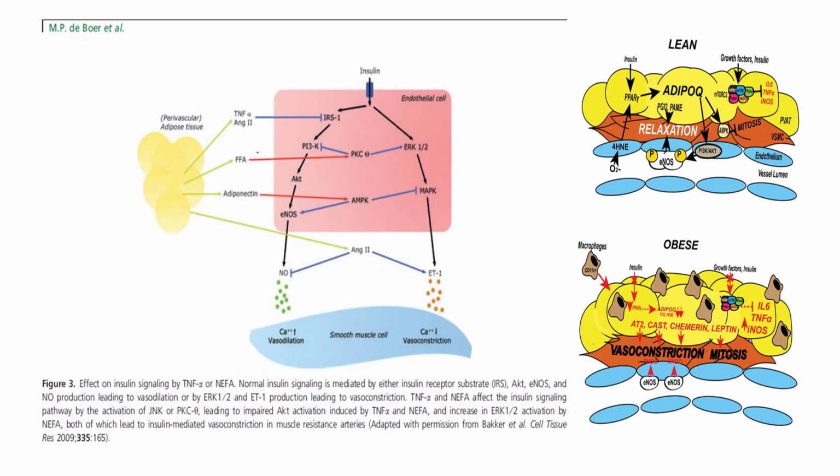Insulin is a vasodilator within the blood vessels in your muscle, which are the largest sink, and it ends up affecting that vasodilator, vasoconstrictor balance.